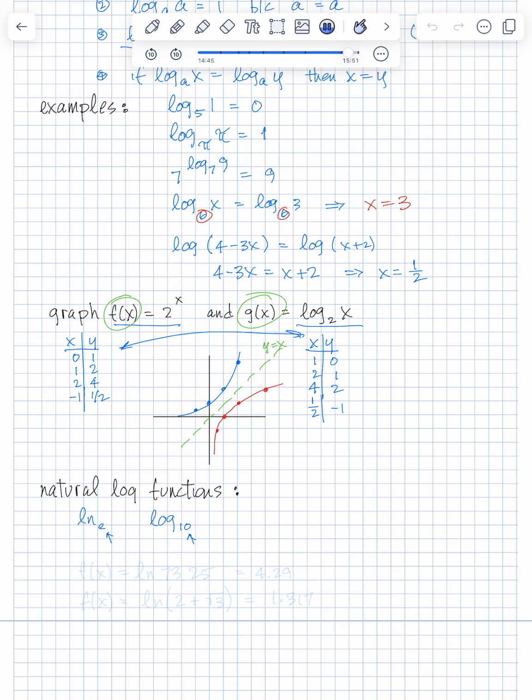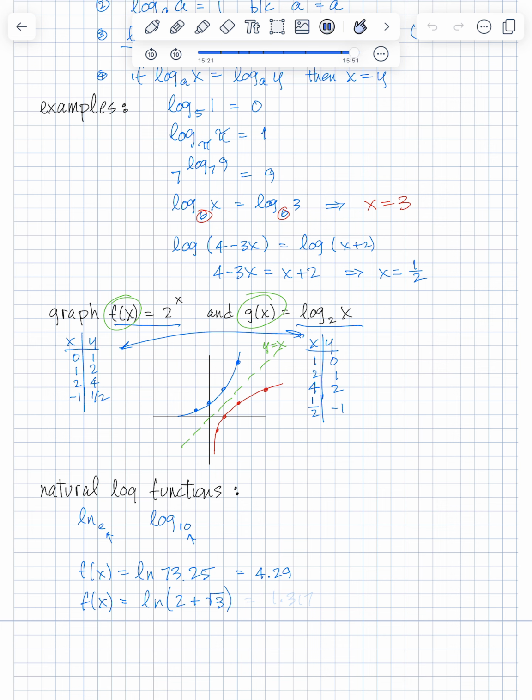So just for example, let's say f of x is equal to natural log of 73.25. You just take the log of 73.25 and you get 4.29. Also, we could do another example. Let's say f of x is equal to log of 2 plus square root of 3.